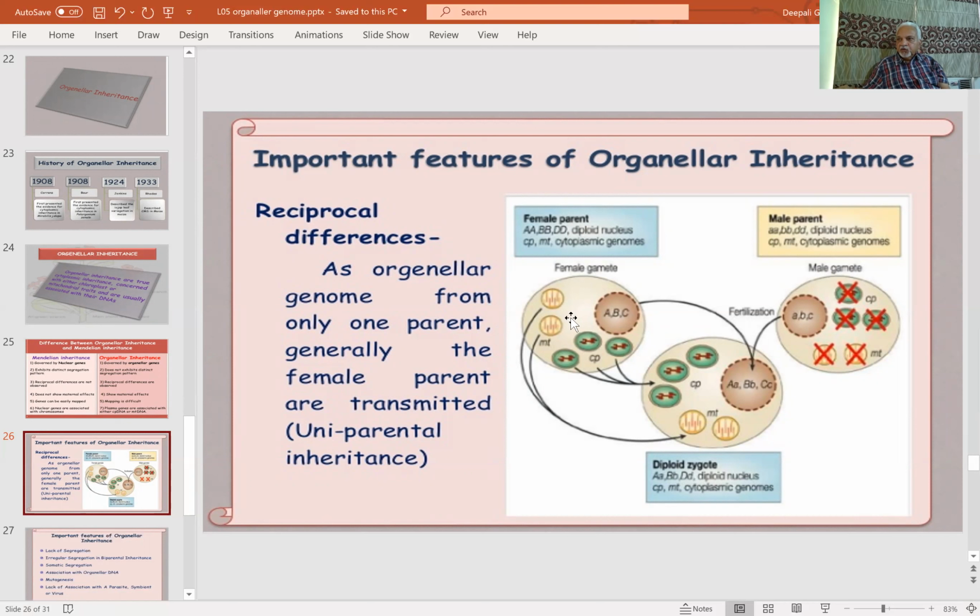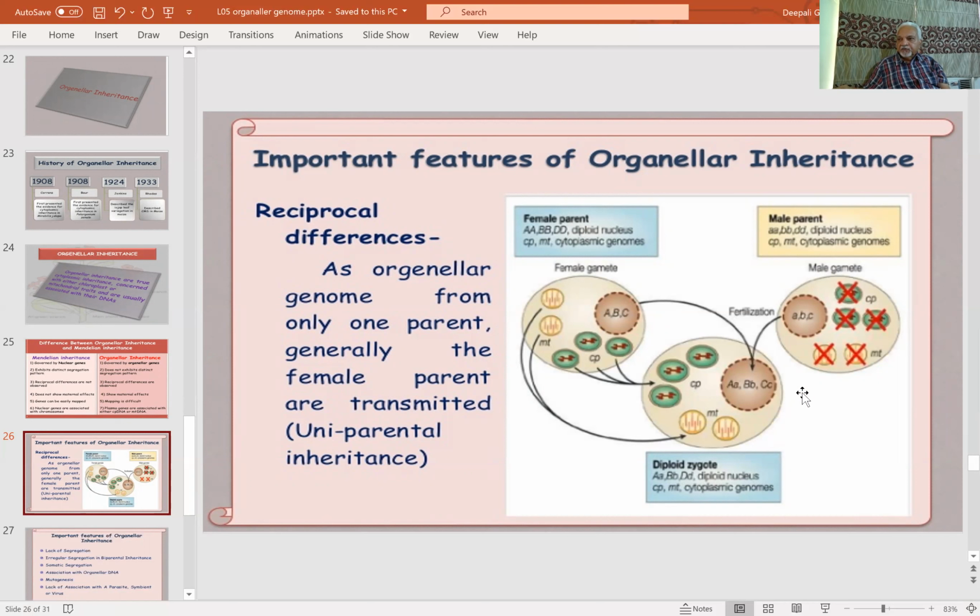When these two cells fertilize, the female has chloroplast and mitochondria, and the male also has chloroplast and mitochondria. But when the two cells fuse, it is only the nuclear contents which go, not the cytoplasmic content.